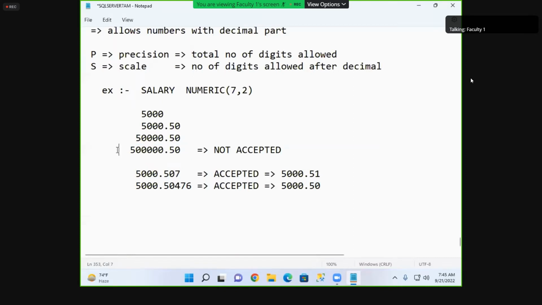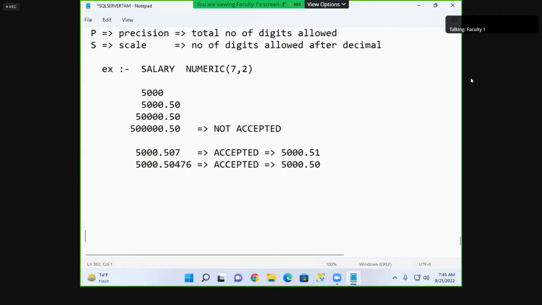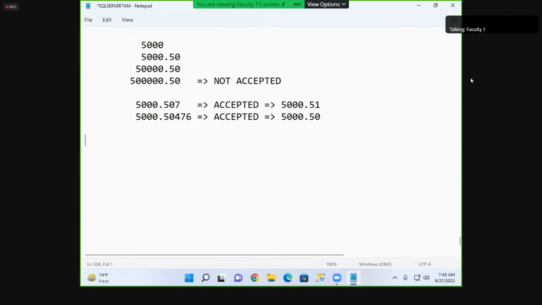If before decimal is exceeded, it makes a big difference, so not accepted. If after decimal is exceeded, it doesn't make a big difference. That's why it is rounded. A simple example: actually your bank balance is 5000.5056, but the bank statement says your balance is 5000.50.